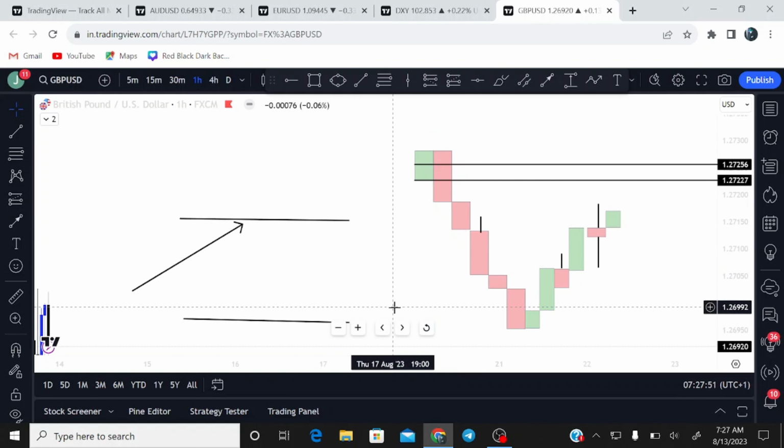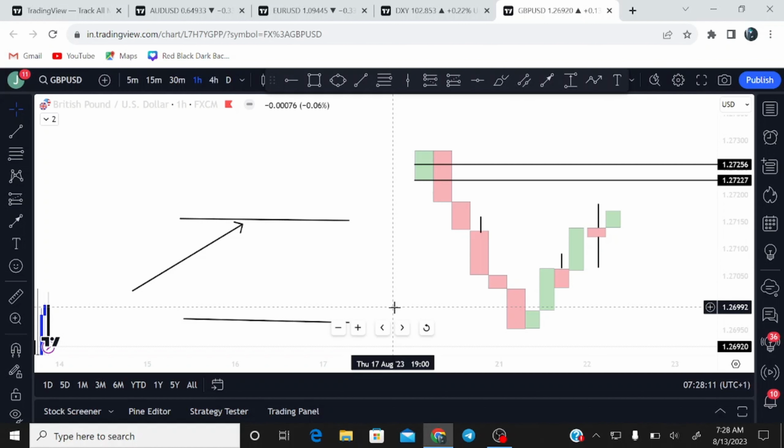Now, one thing to also consider as a beginner when understanding smart money is that these order blocks are usually the last push, the last buy candle before the sell candle in a downtrend, right? Or the last sell candle before the buy candle starts, and that impulsive move starts in an uptrend.